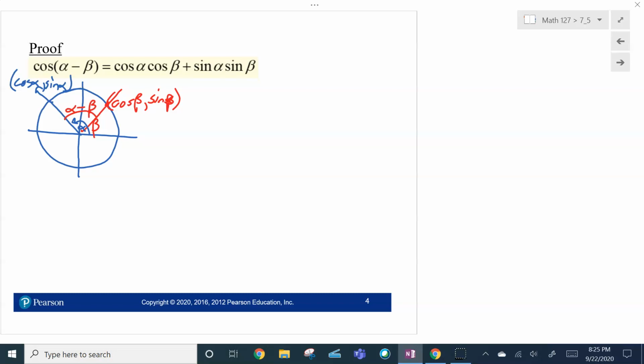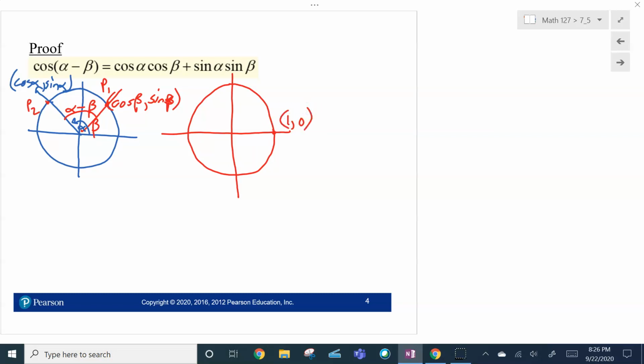Now, let's also take a unit circle, and what we're going to do here is, if you can imagine, taking that alpha minus beta and rotating it so that this point, let me call this point 1 right here, and let me call this right here point 2. So point 1 rotates down to, on the unit circle, 1, 0.